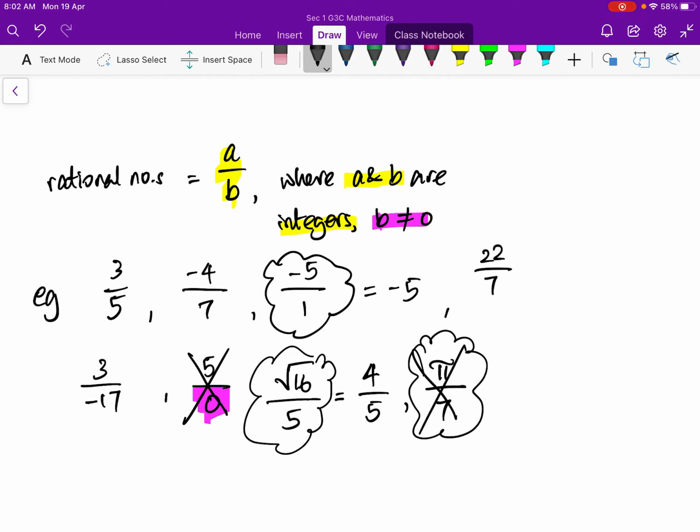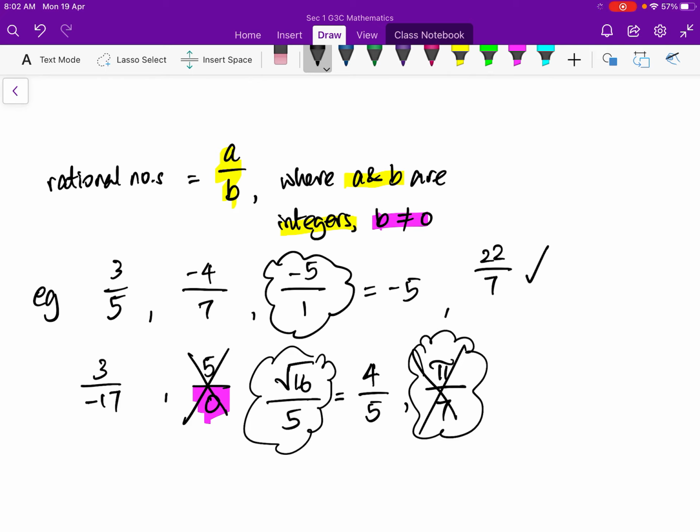Yes, right? Does it satisfy the purple? So purple says that b cannot be 0. Did we satisfy that? Yes, we did. So did we satisfy both parts of the definition? We did. So the conclusion is, this is rational. This is a rational number.